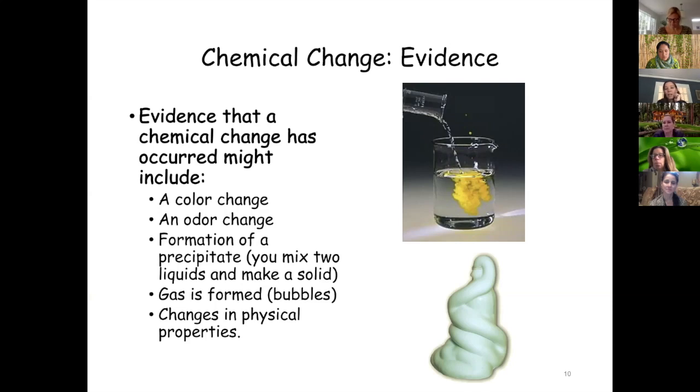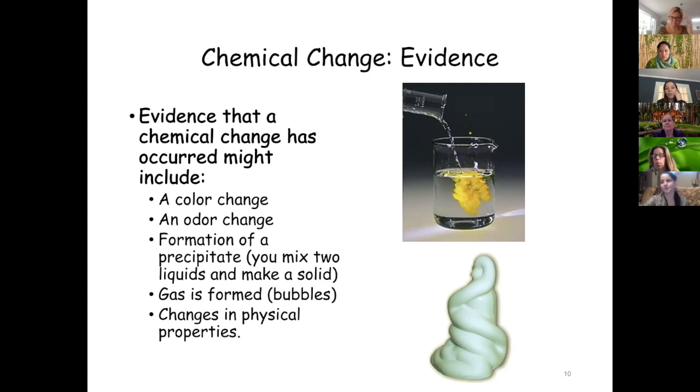There's that yellow stuff forming. That's an evidence of a chemical change. If gas is formed and gas comes out of the substance, like bubbles, or there's changes in their physical properties, like the density we learned about was a physical property. Color is a physical property.